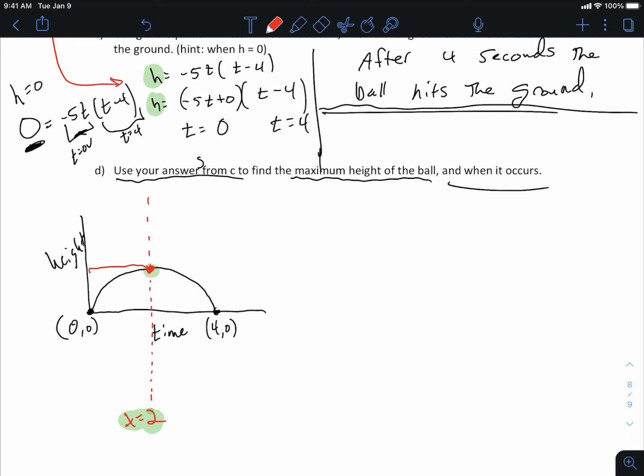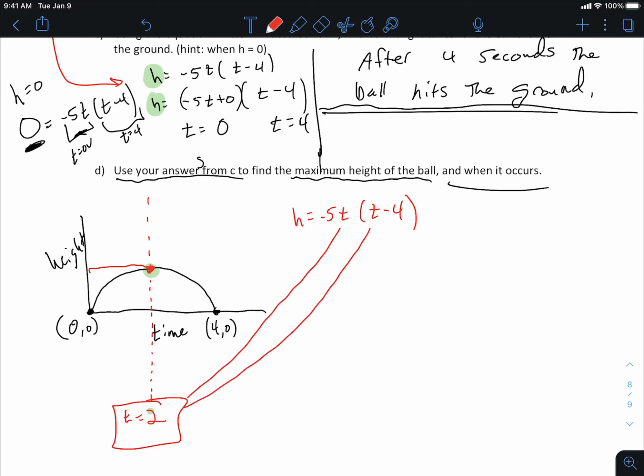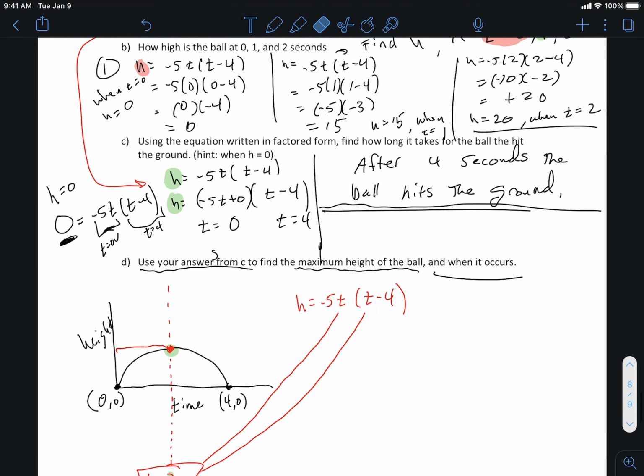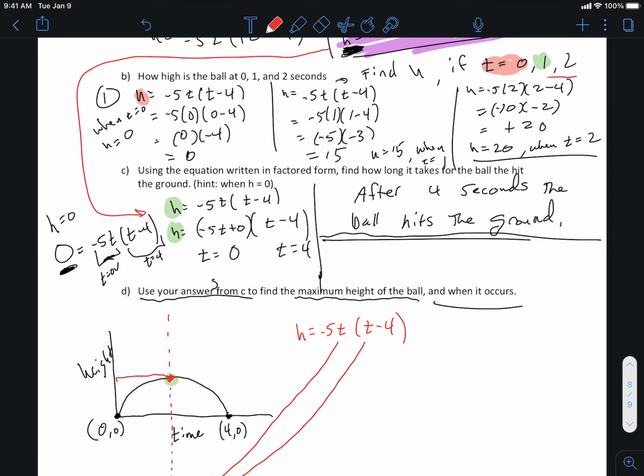Well, we said if we took the original equation and plugged in any value of t, it will tell you what the height is at that particular time. Well, it turns out you've already done what the height is when t equals 2. That's what we did right here.